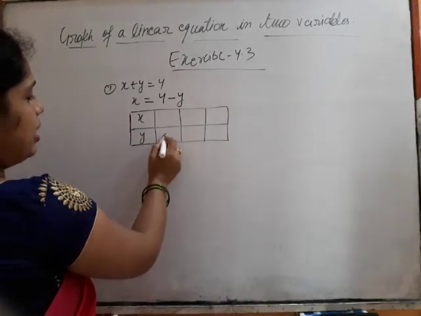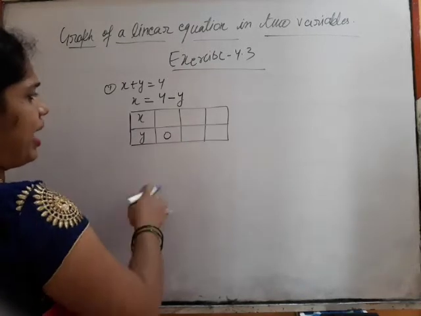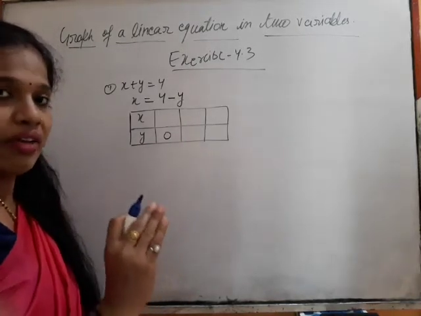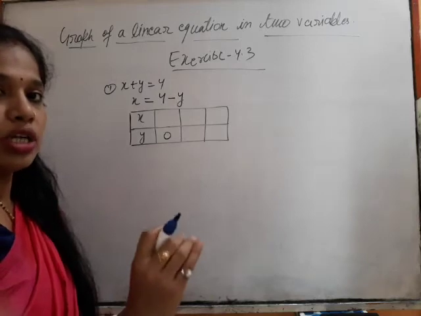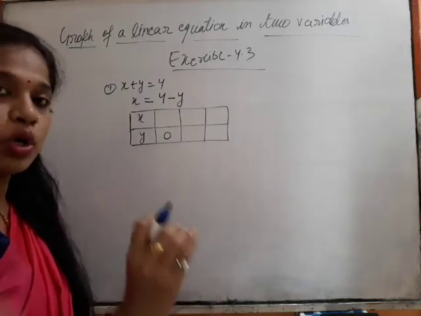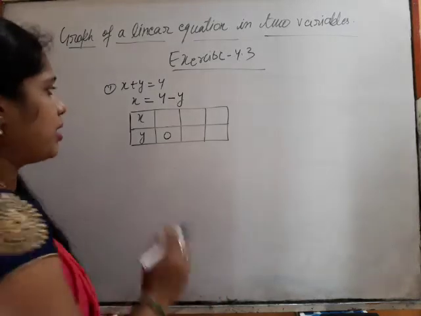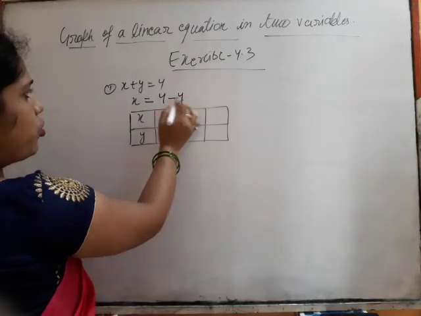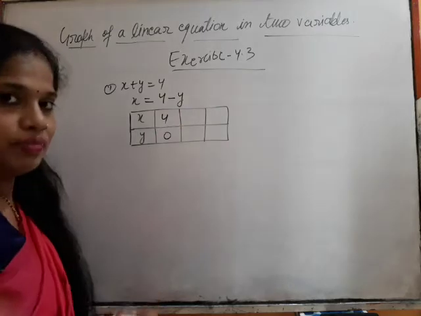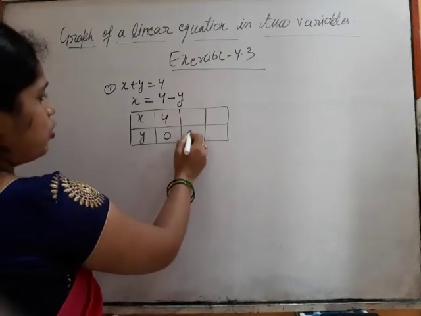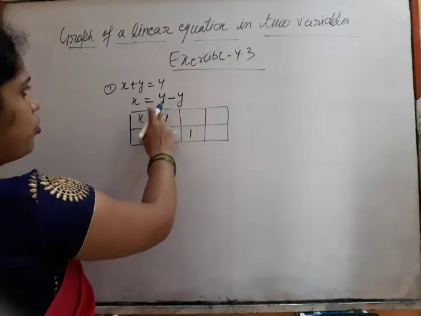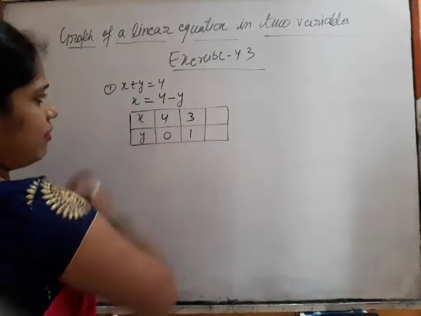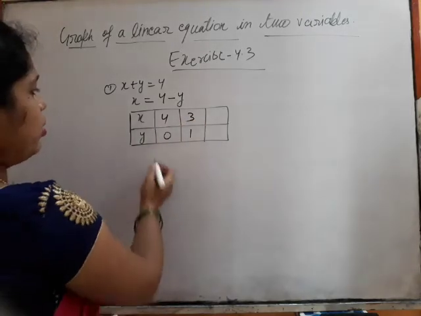Let us put y is equal to 0. You can take any value: 0, 1, 2, any negative number, positive number, fractional numbers, anything. So y is equal to 0 here. Then x equals 4 minus 0, so 4. Now if y is equal to 1, 4 minus 1, 3 will be the value.